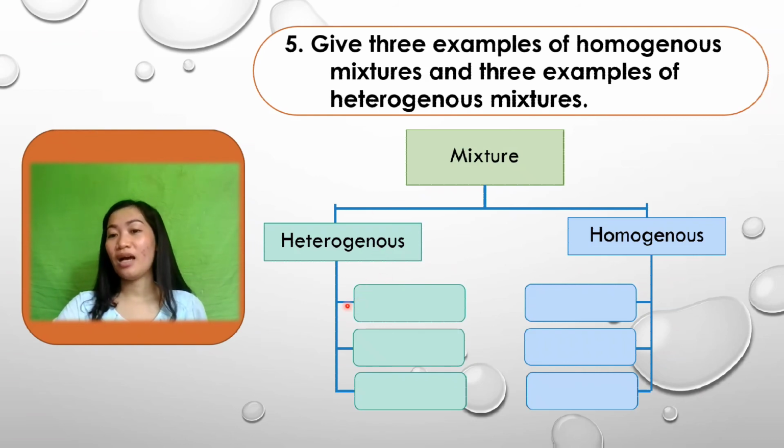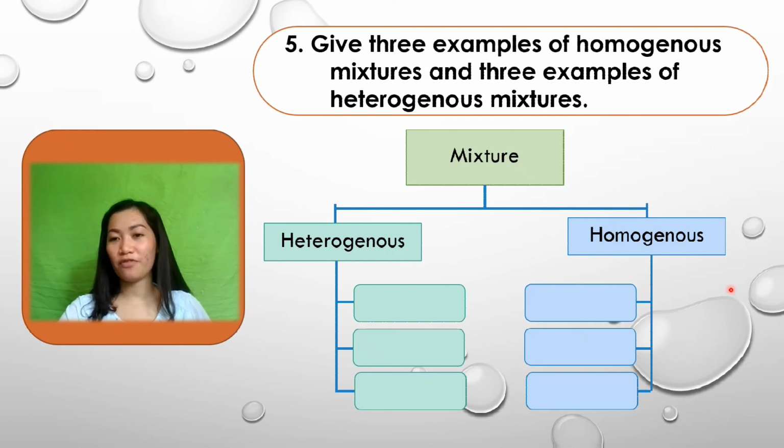That is one example of a heterogeneous mixture. But when you say homogeneous, these are the substances that contain two or more components that blend together, or they are in a uniform appearance. So I want you to give three for homogeneous and three for heterogeneous.